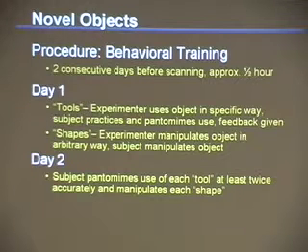Then they got training with the shapes as well. The other half of the objects, they get to manipulate. They see the experimenter manipulate them in some arbitrary way, and then the subject gets to manipulate them as they want to, maybe just turning it in their hands, picking it up, putting it down. We tried to equate the amount of time they manipulated those shapes with the time they spent learning the functions of the tools.